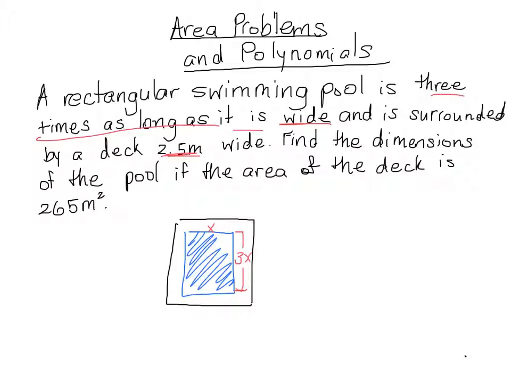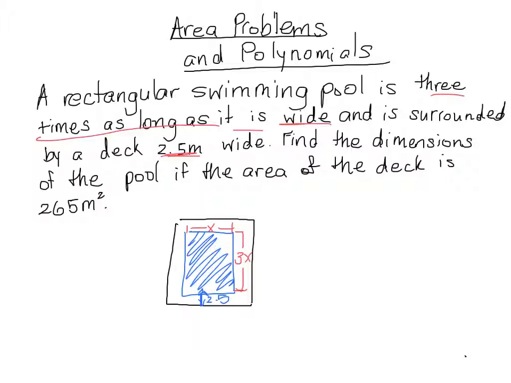This is for the length going here. We also know that the width of the deck is 2.5, so from here to here is 2.5 meters. I'm not going to write my units because I don't want them to get in the way when we set up our algebra, but just know that that's supposed to be 2.5 meters.